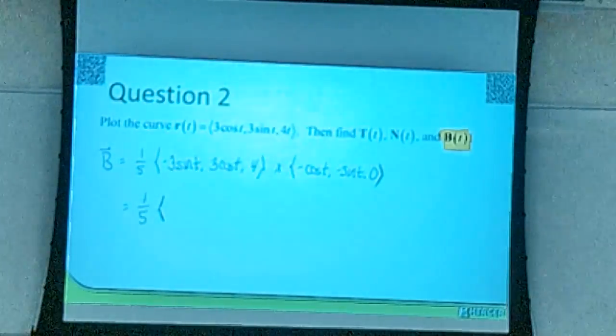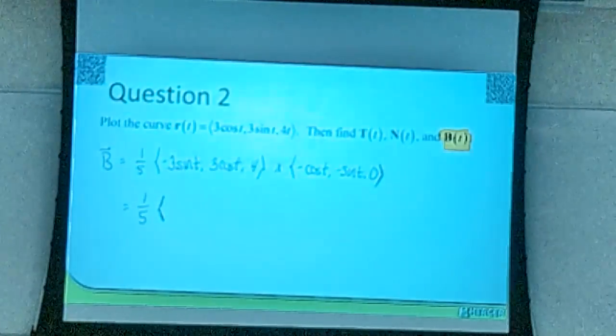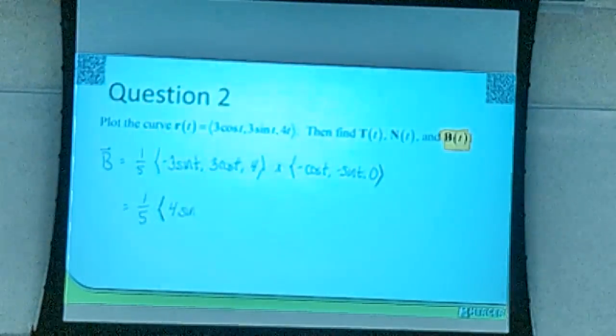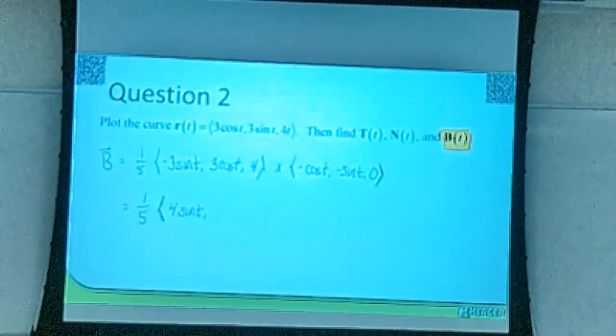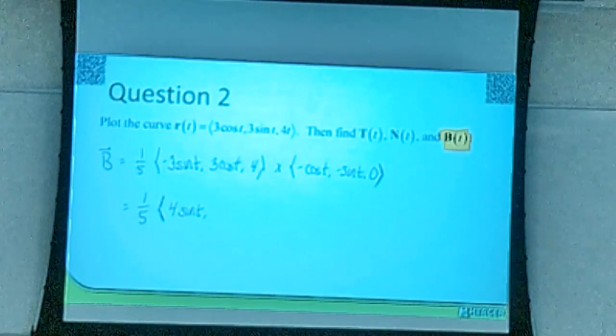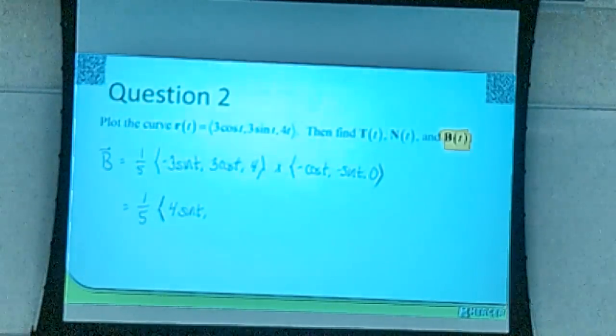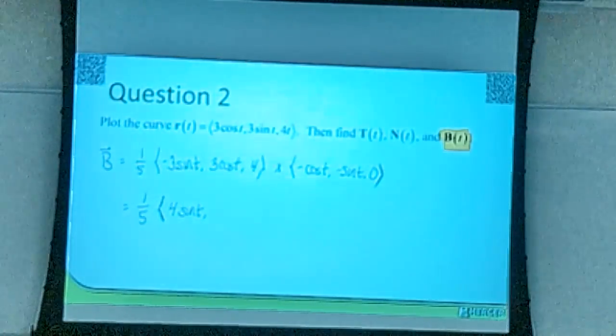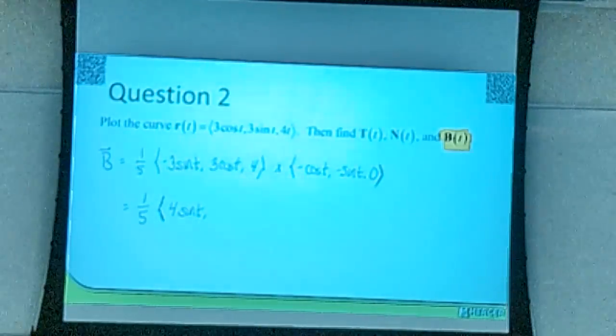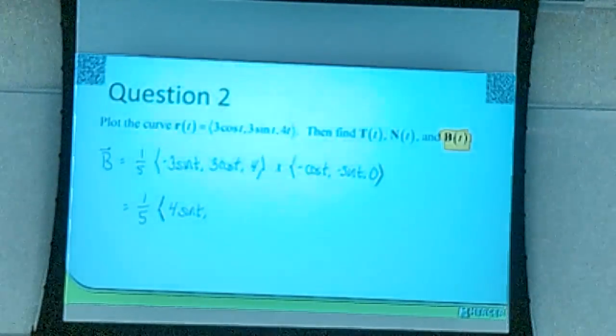Zero minus negative 4 sine t, right? Second component would be negative 4 cosine of t minus 0.